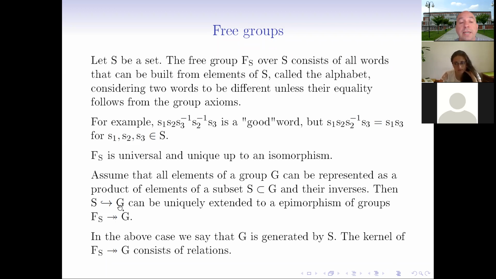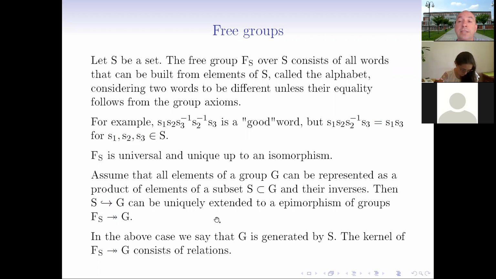So we have S inside G capital, which consists of all letters. And then we extend this map to all words built out of letters inside Fs, and then will be sent to the same expression inside G capital, and this will be an epimorphism of groups.